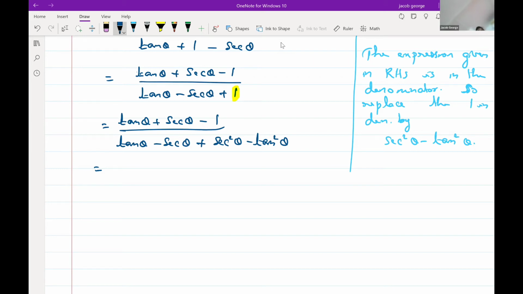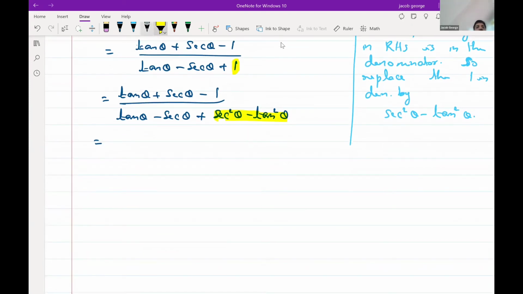Now sec square theta minus tan square theta we can factorize. How will you factorize it? You know the a square minus b square form: a plus b into a minus b. So you will replace this using the a plus b into a minus b identity.